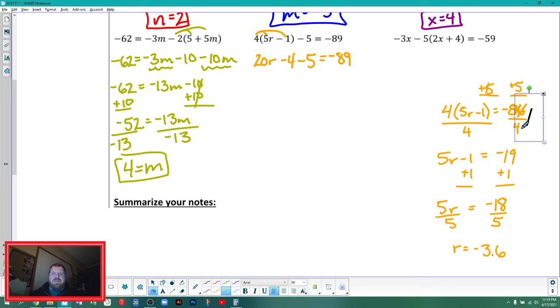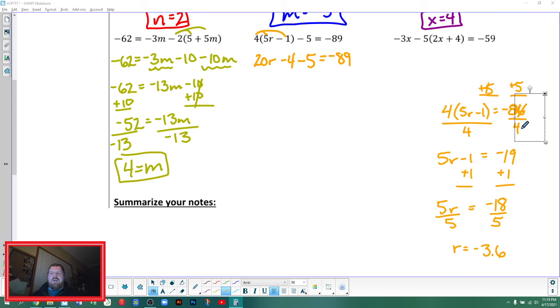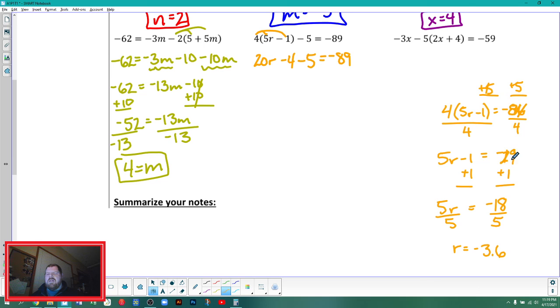And then if I were to divide that by 4, this would be a negative 21. So it did work out the way I wanted it to, where that's a negative 20. And that's going to be a negative 4. So we should get a negative 4. If you got negative 3.6, you kind of did like me and made a little boo-boo.